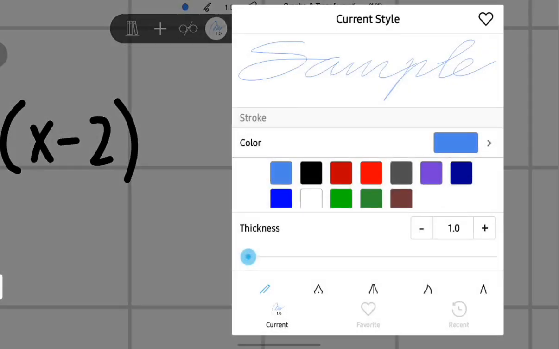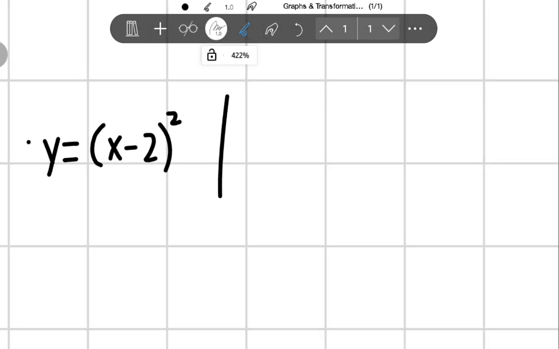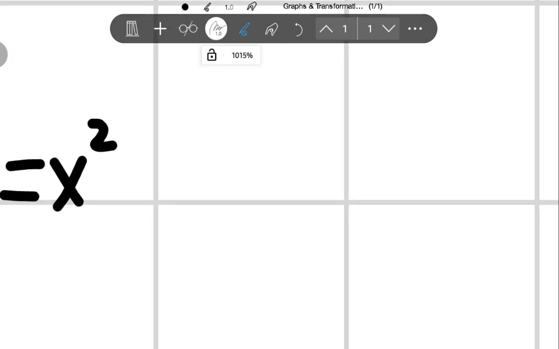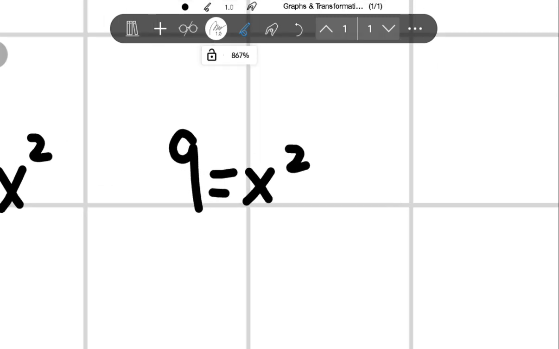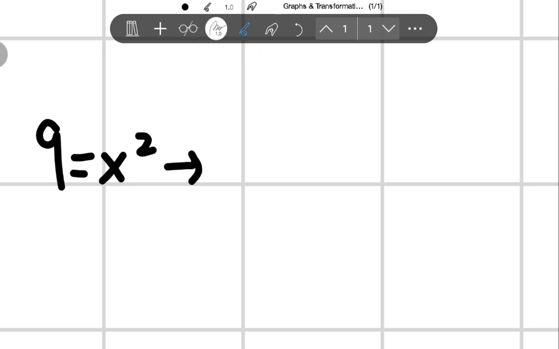Wait, let me just change the pen color. Let's say we were to look at y equals x squared, the original function that we could assume it to be. Let's pick a y coordinate, let's just say 9, equals x squared. So the x coordinate for y equals 9 could either be positive or negative 3.